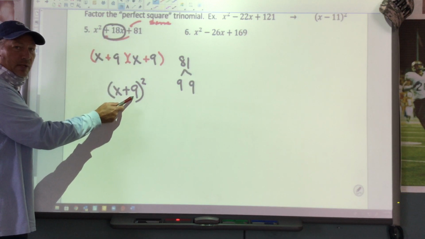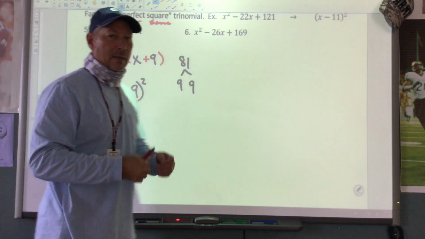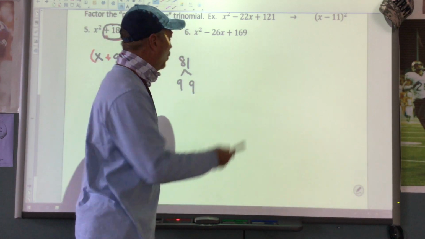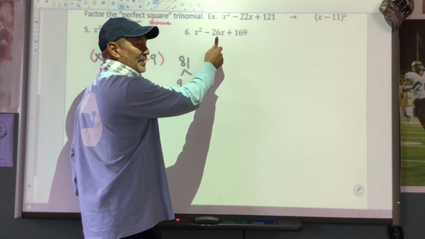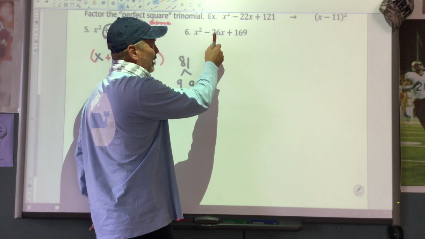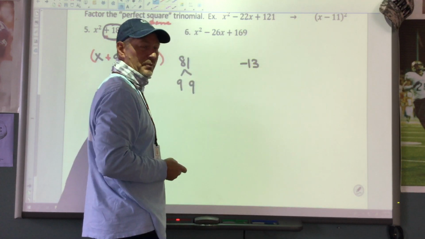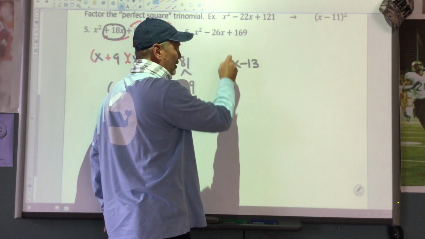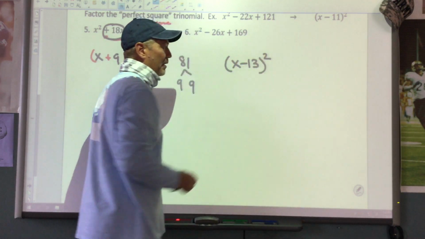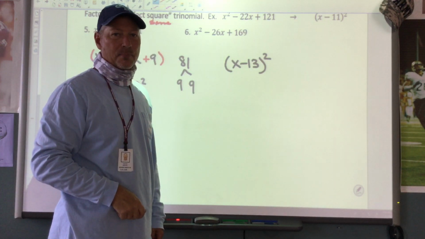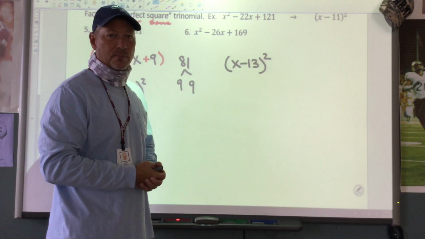That's what's going to go in the blank. If you can catch the pattern, what is half of negative 26? Negative 13. So we can do it by doing just this right here. That speeds it up. There's your final answer.